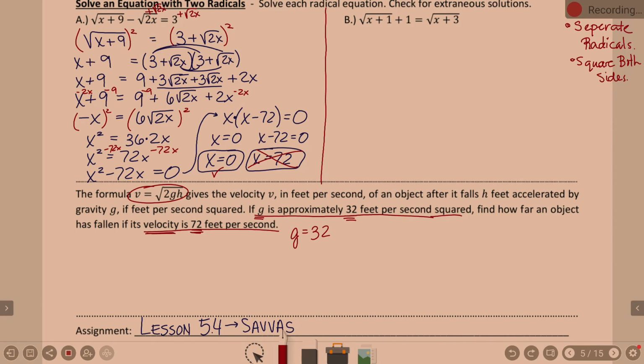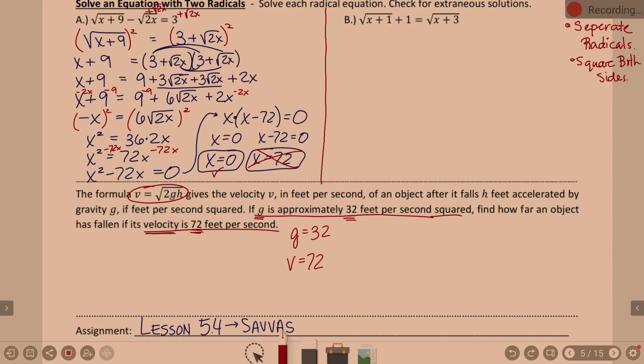It told me that. It also told me velocity is 72. Look at your formula. What does that leave to find? V equals square root of 2GH. The only thing we don't know is H.